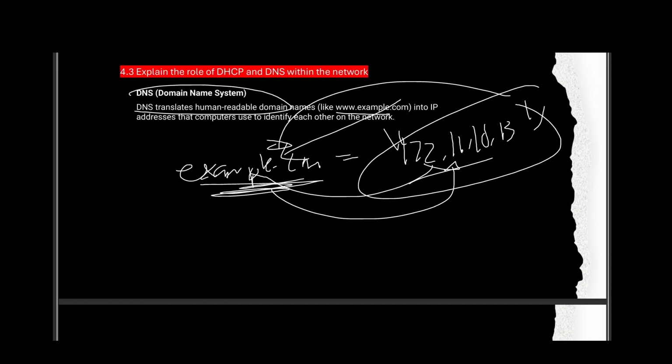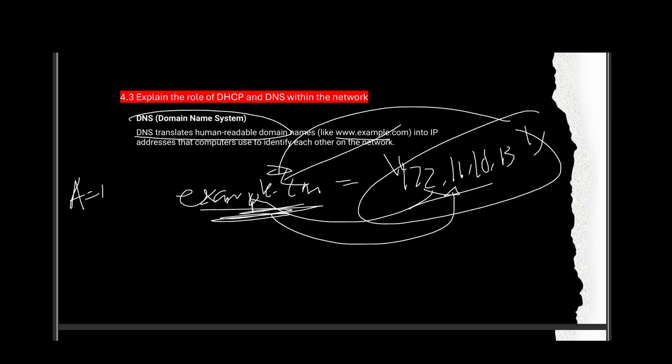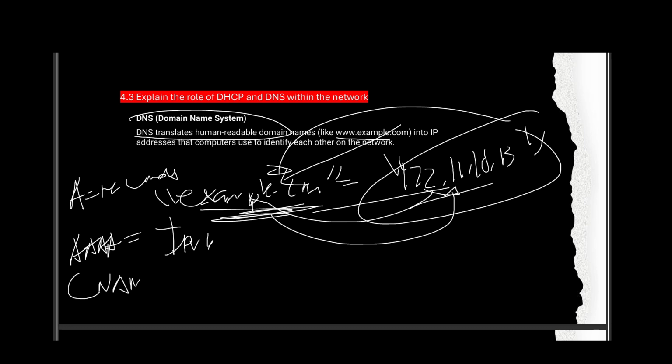We have different records, like the A record. An A record is a record of this domain name and its corresponding IP. We have the AAAA, quad A record. It's for IPv6, but it does the same. We have the CNAME. A CNAME is a type of record that will point a domain name to another domain name.